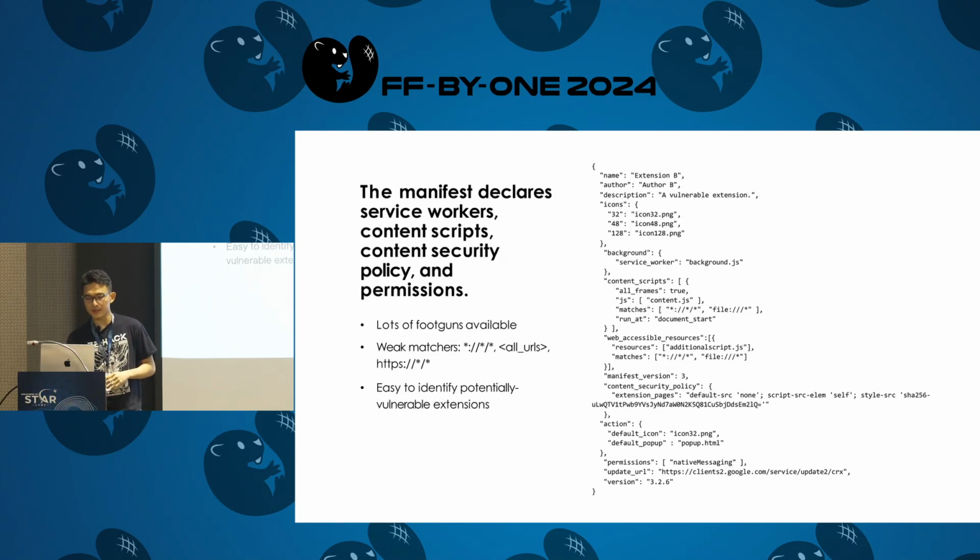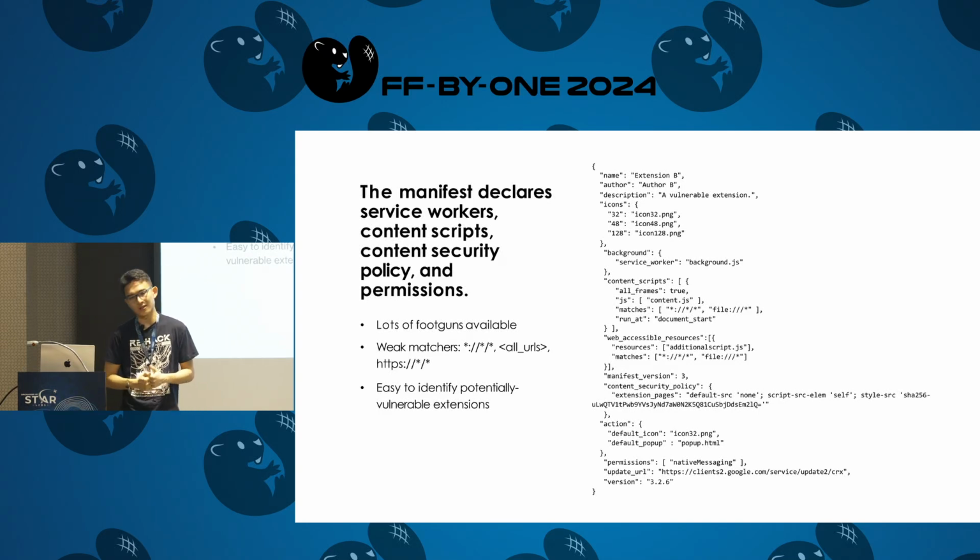The second thing is the content script. The content script is what's injected into a web page by the extension, because sometimes the extension may need to interact with your document object model, your DOM, right? What's on the web page, it may need to insert something, read something. And one of the fun things is that you're not supposed to inject the content script into every single page, right? You're supposed to specify what URL you would inject the content script into.